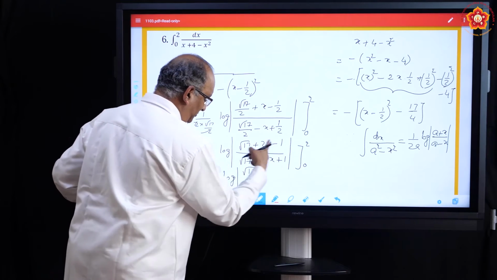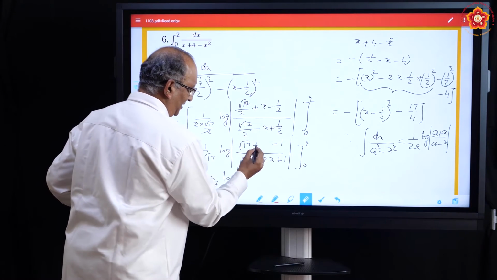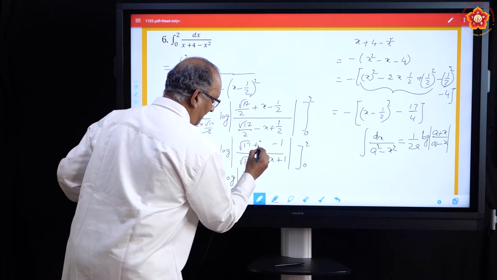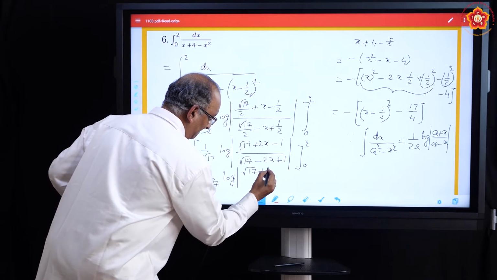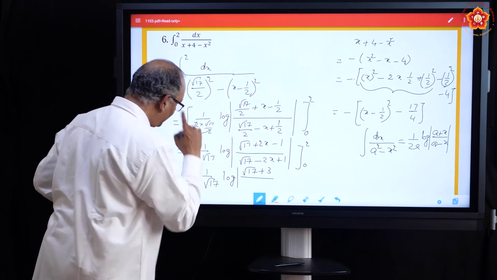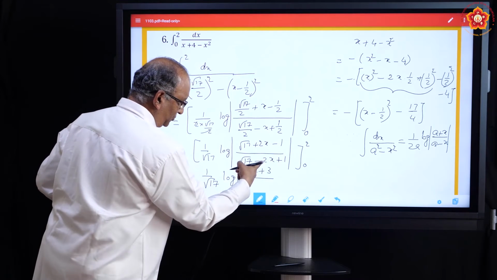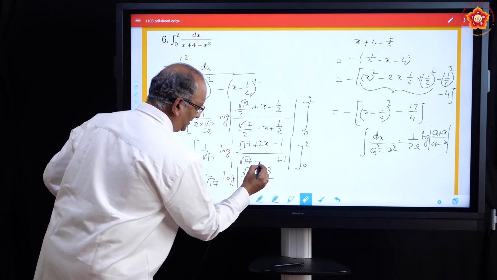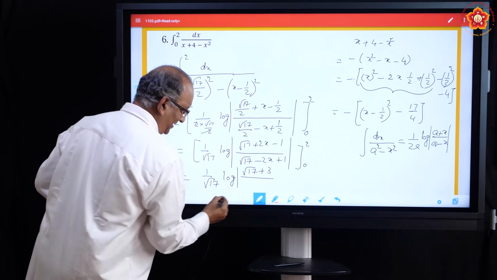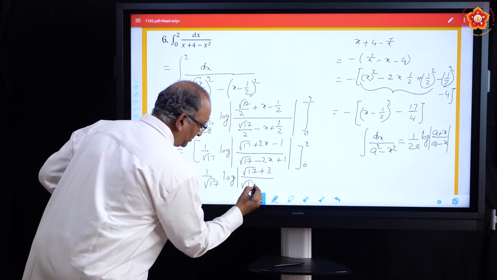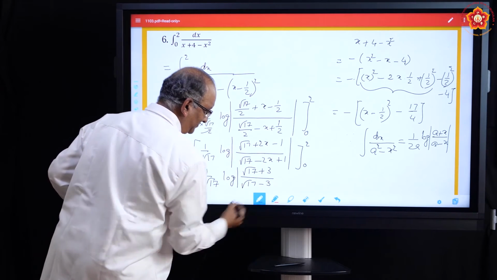And when we substitute 2, it will become 4 minus 1, 4 minus 1, that is 3, upon, here when we substitute 2, it will become minus 4 plus 1. Minus 4 plus 1 is minus 3. So it is root 17 minus 3.